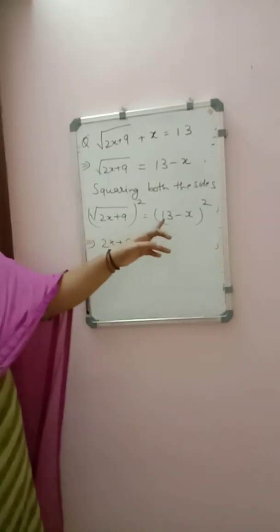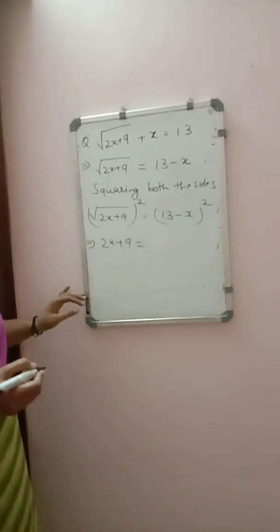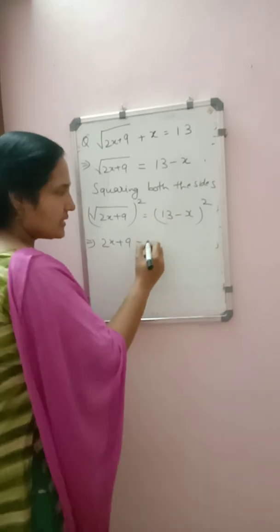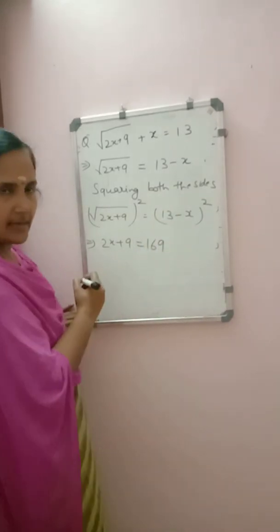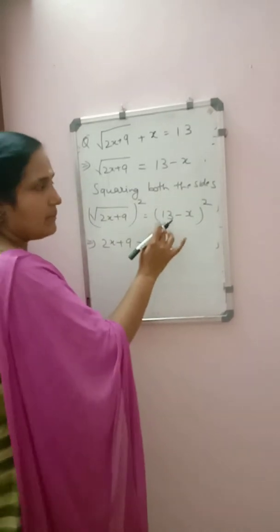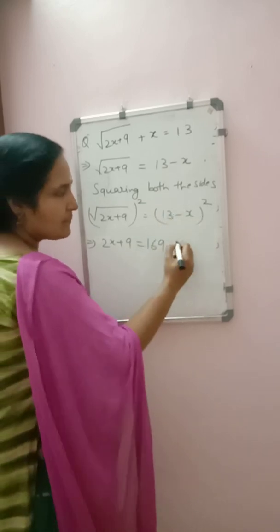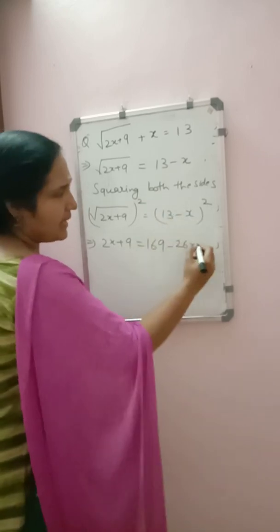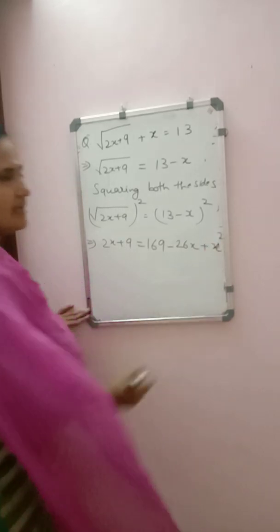Here we can use the identity a minus b the whole square: a square, so 13 square is 169, minus 2ab, 2 into 13 into x, 26x, plus b square, plus x square.